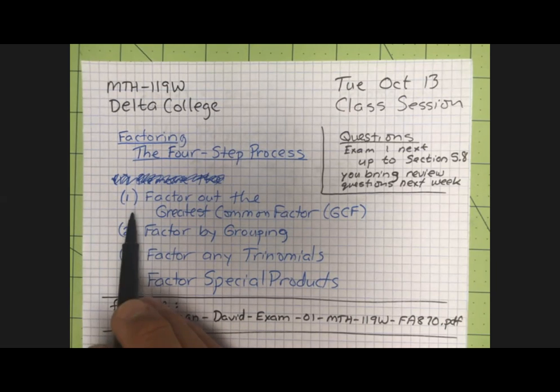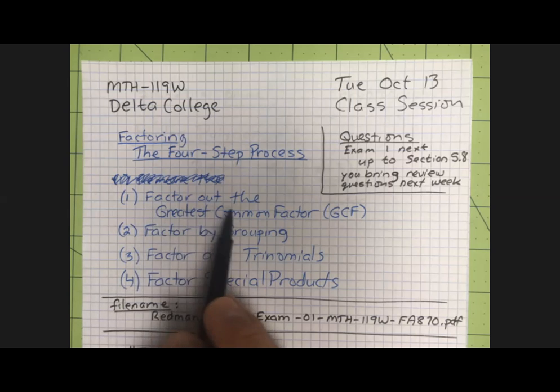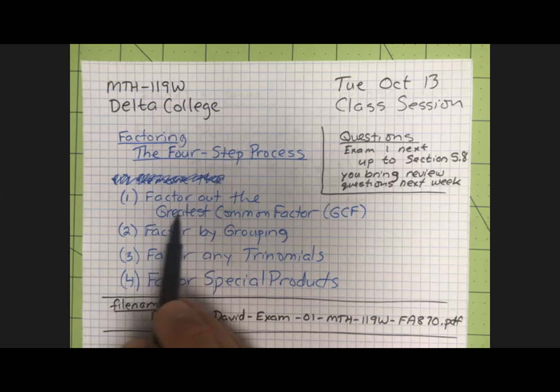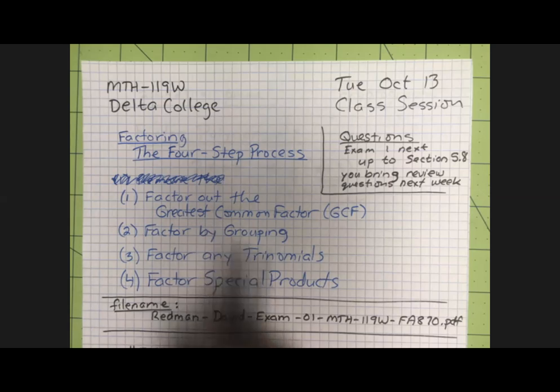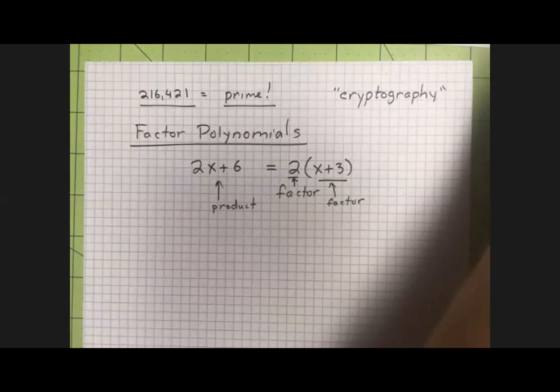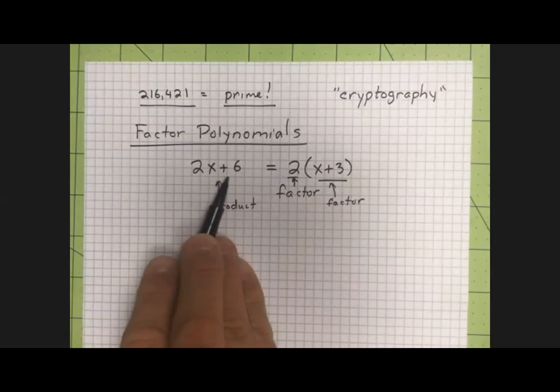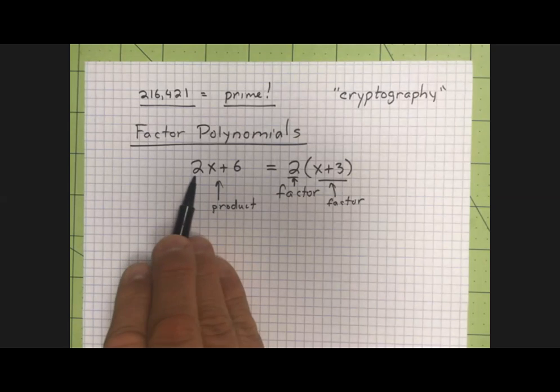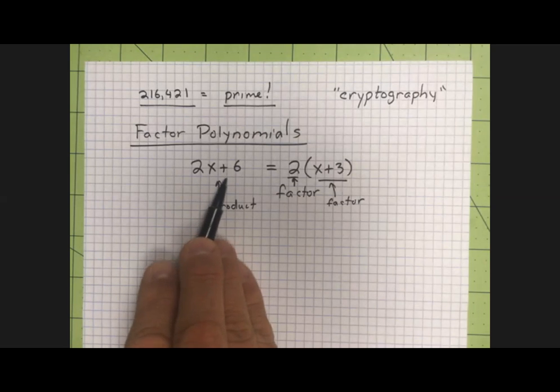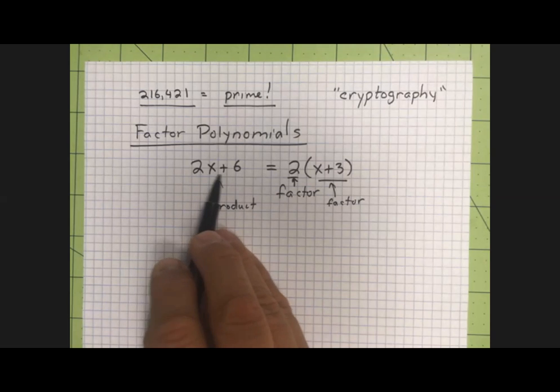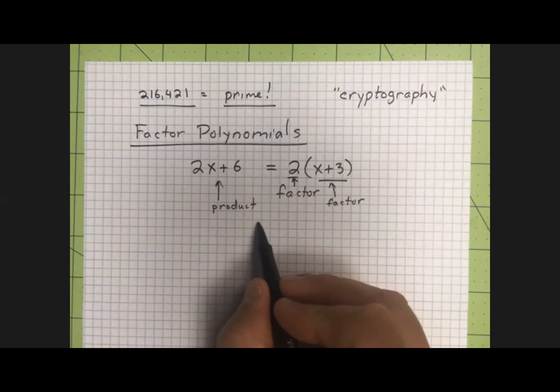So last week you practiced possibly some problems. You might not have got to it in XYZ homework about factoring out the greatest common factor. That's what I just did right here. I have 2 terms. They both have a 2 in common, and there's nothing else they have in common.